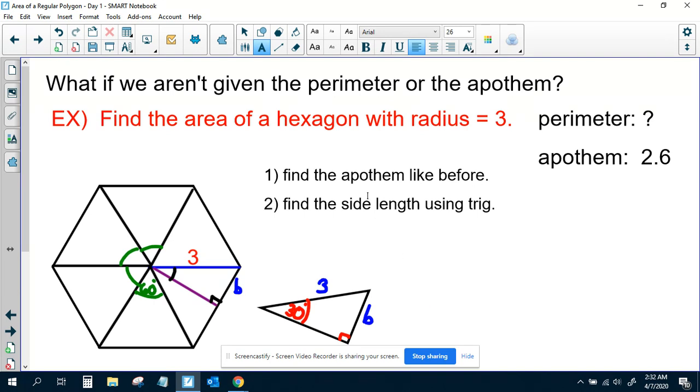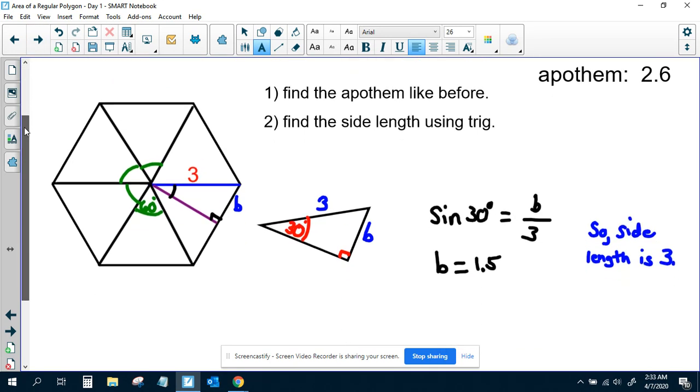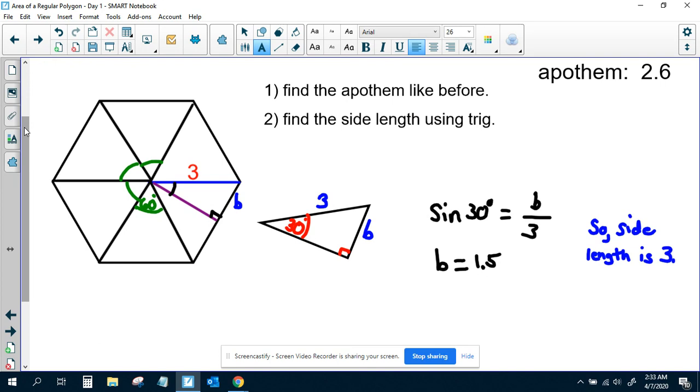But instead of cosine this time, from the perspective of the 30-degree angle, we have opposite and we have hypotenuse. So we're using sine this time. So we're going to do sine of 30 degrees equals b over 3.